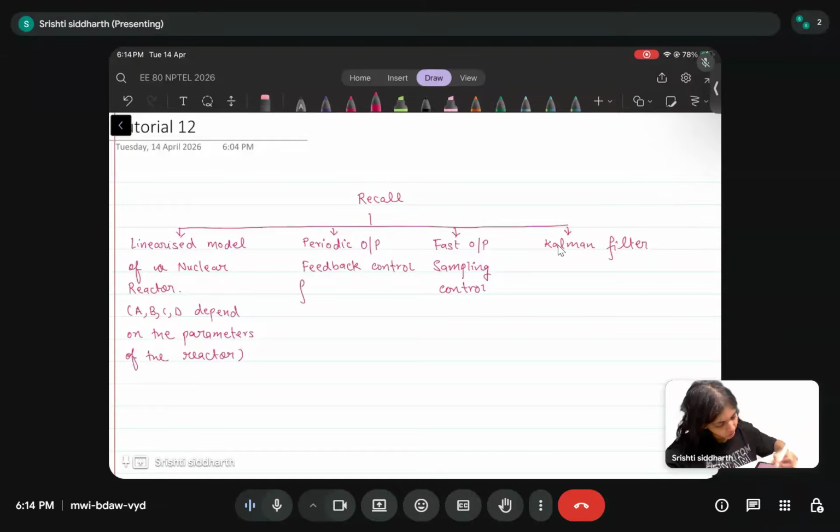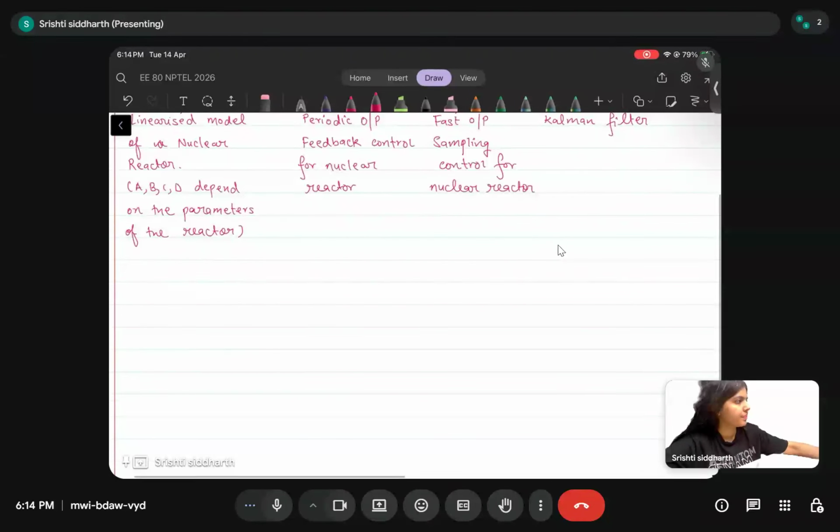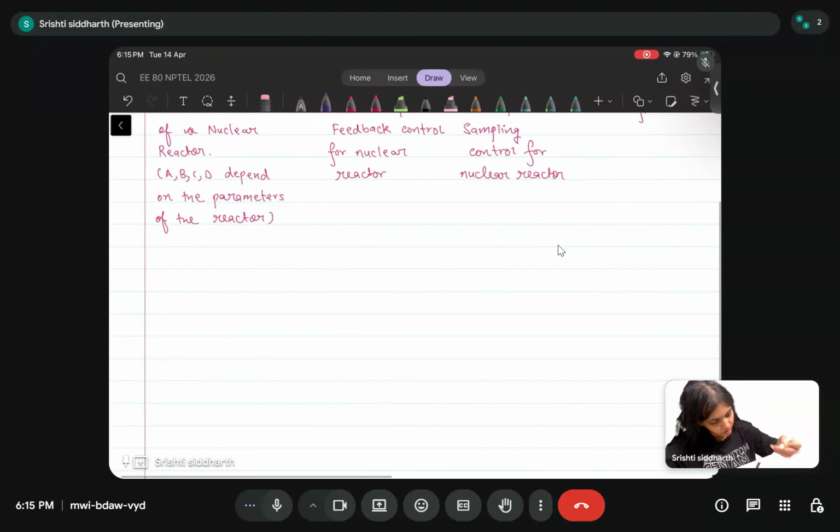All of these are for the nuclear reactor, right? Because we have obtained the linearized model. So I'll write this out quickly. Let's begin. We'll first recall the linearized model quickly, the state space equation or the state space model.